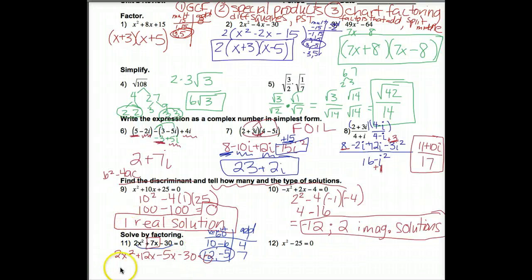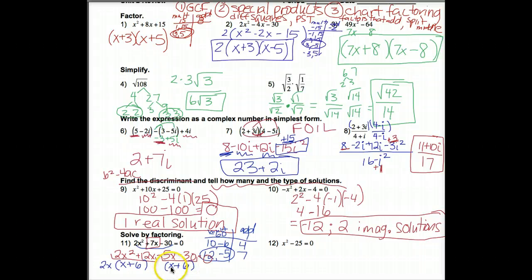So now, once I do that, then I can factor by grouping. So I take these 2 together and these 2 together. I look for the GCF of my first group. So that's 2x. If I factor out 2x here, I would have x plus 6. Whatever the first parenthesis is, the second one has to be the same. They have to be identical. So then I just work backward.